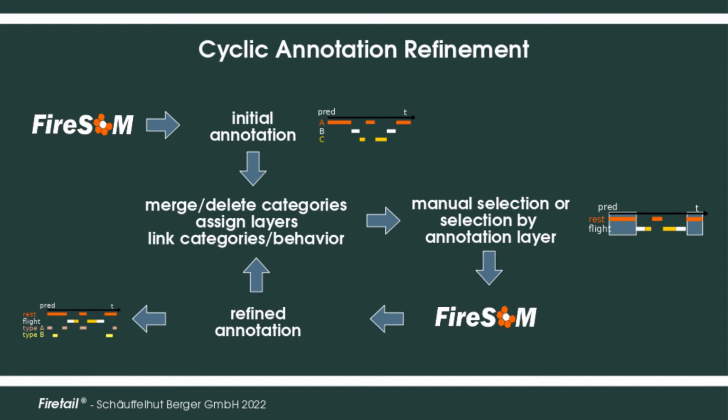You can, like usual, merge, delete categories, assign new layers, link categories and their behavior. And then you can, as I showed you previously, do a manual selection or do the selection via annotation layer. So you select a complete layer of annotation and run FireSOM again and arrive with a refined annotation, and you can repeat this process until you're satisfied with the overall result.